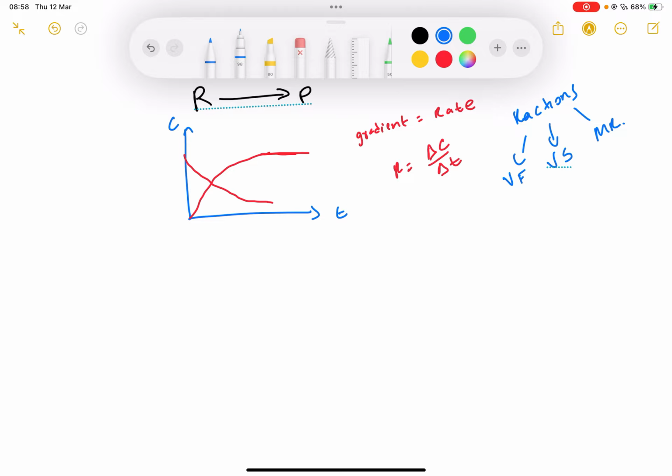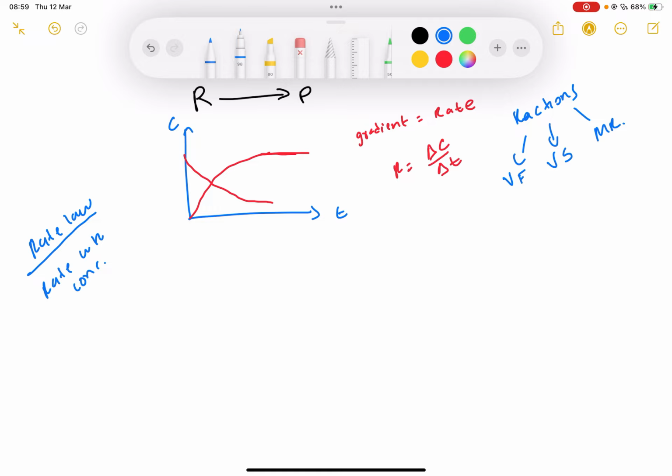Or sometimes the reactant will not have any effect on the rate. That means however much you increase the concentration of the reactant, the rate will not increase. So what we study in rate law is the relationship of rate with concentration, how rate is affected by the concentration of the reactant or product.